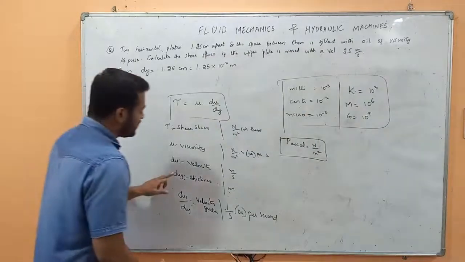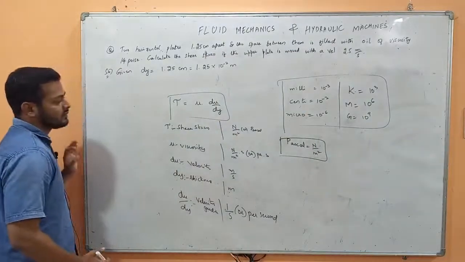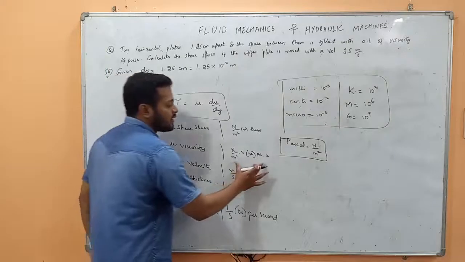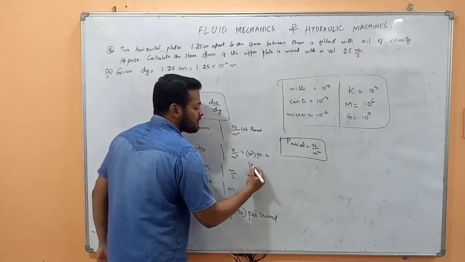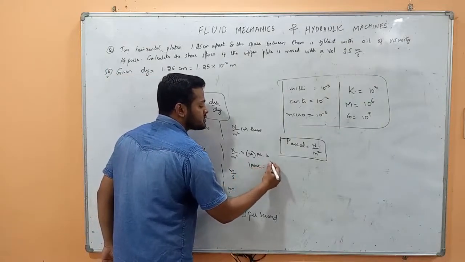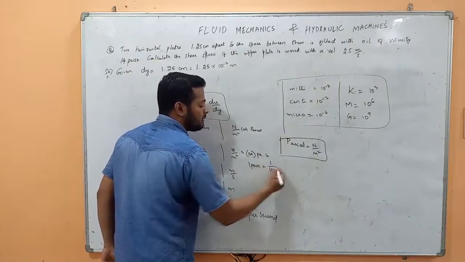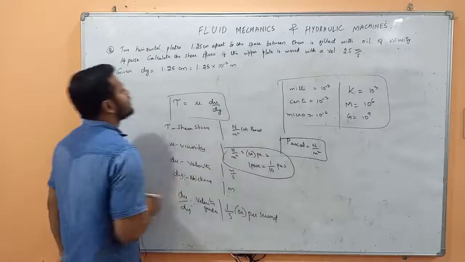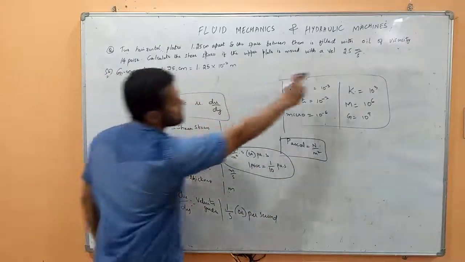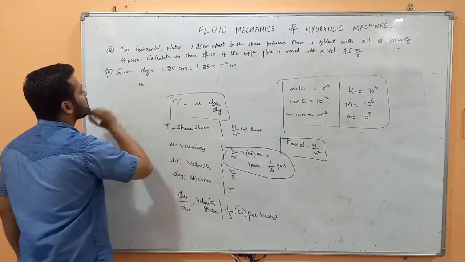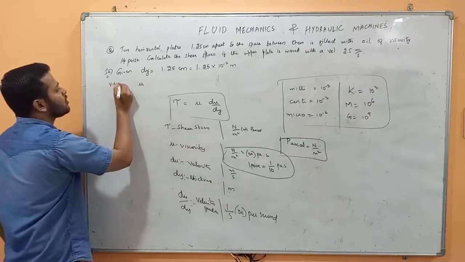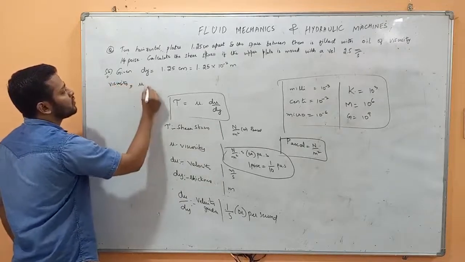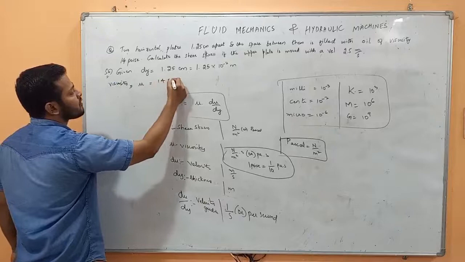One simple conversion. There is also one more conversion apart from this. 1 poise is equal to 1 by 10 Pascal second. Poise has been given in the question. Viscosity is denoted by mu, which is 14 poise.